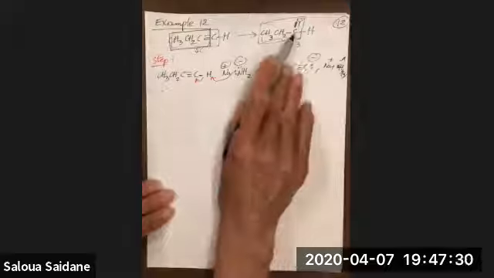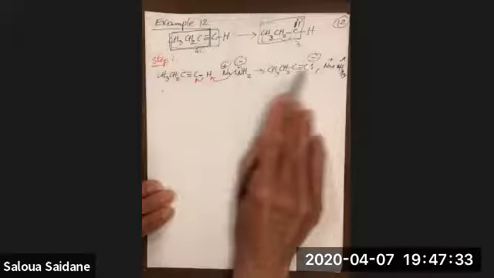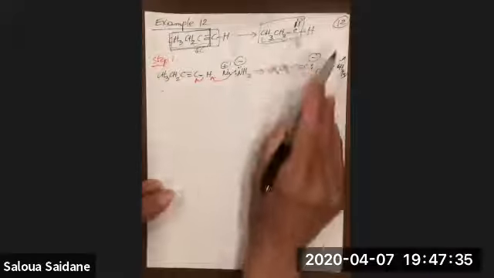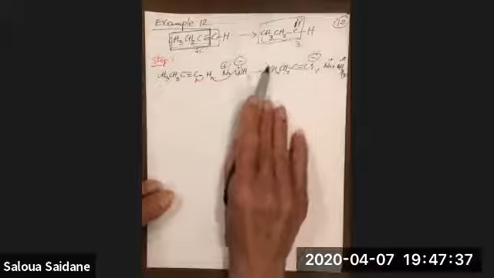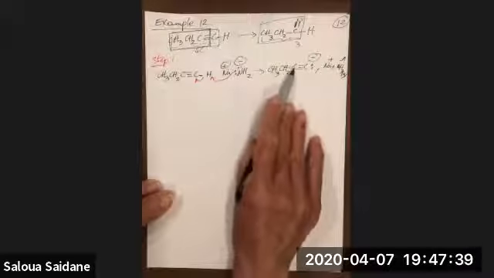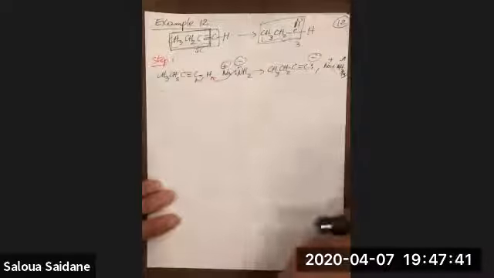Now I want to add carbons on this side, and I want to make it symmetric because it's only giving me something. So you see how I have here 2 carbons attached on this one? I'm going to add 2 carbons on that one.